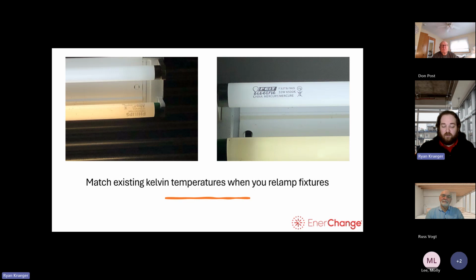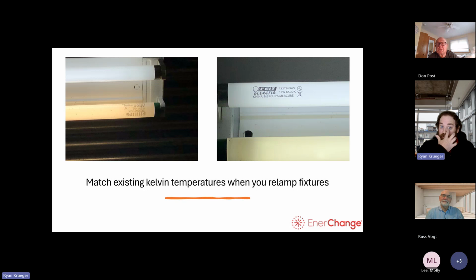And the first fixtures that I was looking at weren't open. And then I wandered back into the mechanic room and I was like, oh, okay. These are 65K. The Phillips tube on the left is 4,100. It might just be my nitpickiness where I prefer the Kelvin temperature to be consistent across the board.